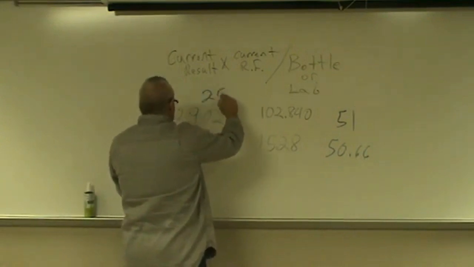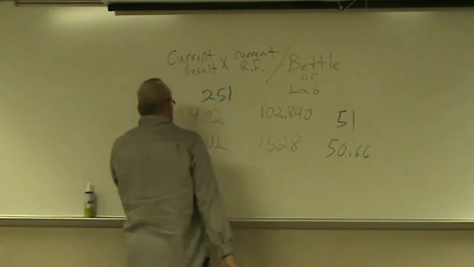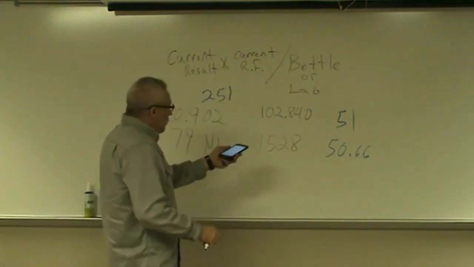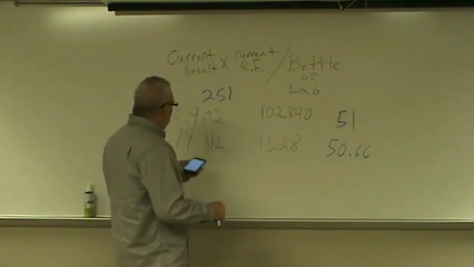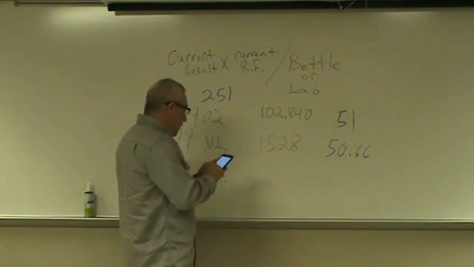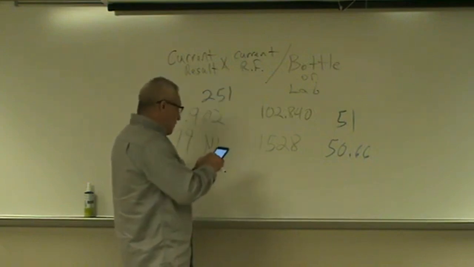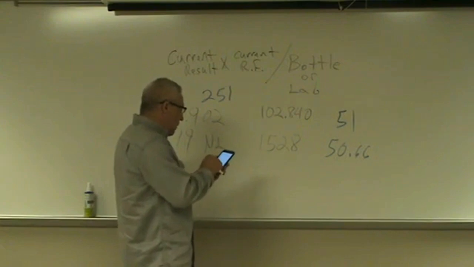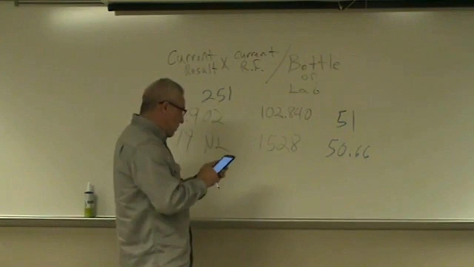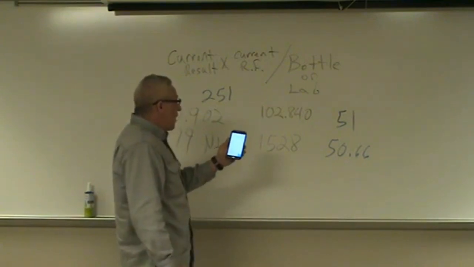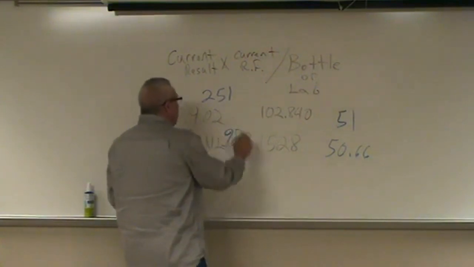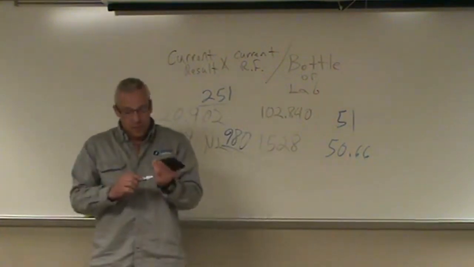We're going to say 251. Current result 50.66, times the response factor of 1528, divided by 79, gives 970.98. This will calibrate that analyzer.